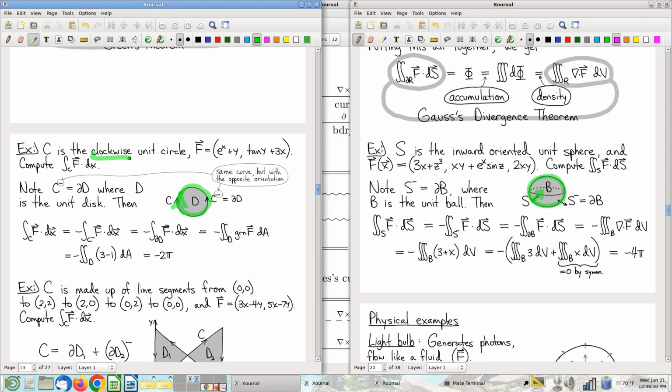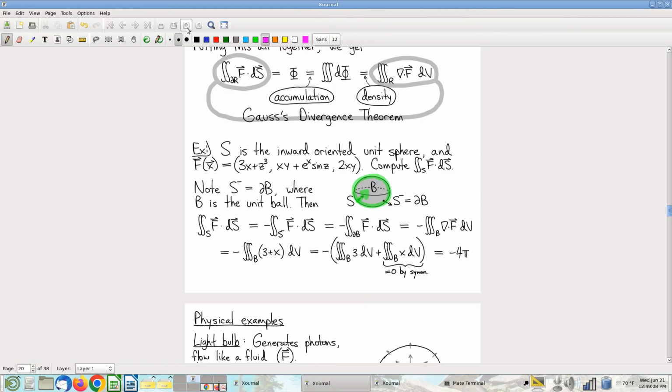And how did we deal with that? Well, we just recognized, okay, look, it's just an opposite orientation on something that is a boundary. And so we noted that, but other than the minus sign on the orientation, this is literally a boundary of that disk. And so we're going to make the analogous argument over here.